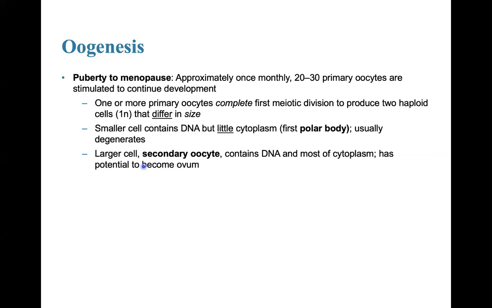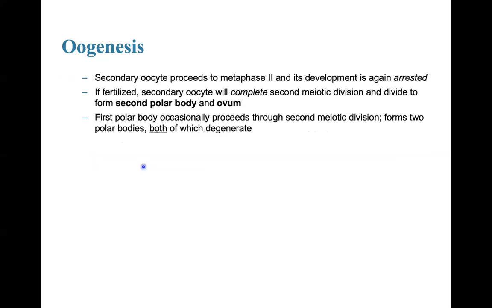The larger cell, which is a secondary oocyte, contains the DNA and most of the cytoplasm, and this has the potential to become the ovum. The secondary oocyte then proceeds to metaphase 2, and its development is again arrested. If fertilized, the secondary oocyte will complete the second meiotic division and divide to form a second polar body and the ovum.